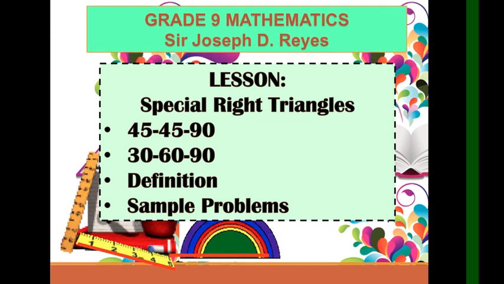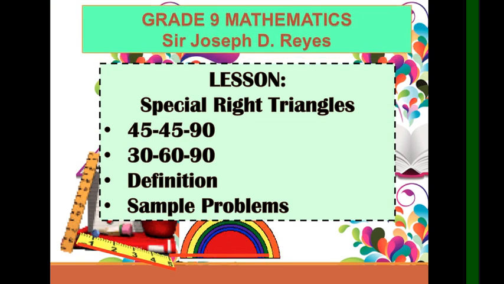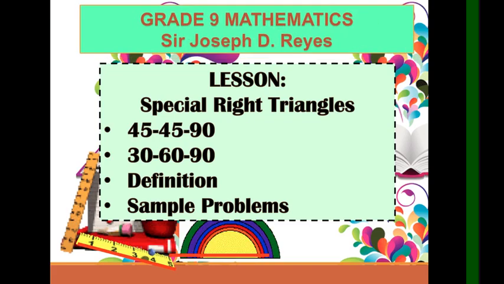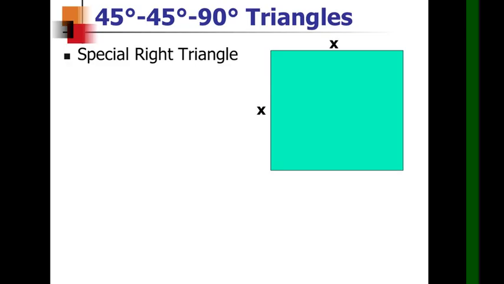Thank you. And now let's proceed to our main topic for today, which is all about the special right triangles. 45, 45, 90 triangles. So this is a square, and when we put a diagonal line in the square, we will have two triangles, right?